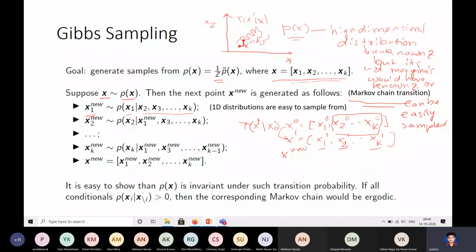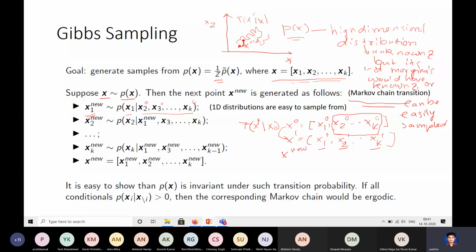These are fixed, and I vary only x1. I vary x1 by a probability distribution, which is the conditional distribution of x1 given x2, x3, xk fixed at x2 naught, x3 naught, xk naught. I'll soon explain with an example.